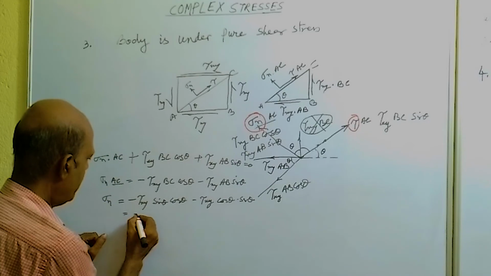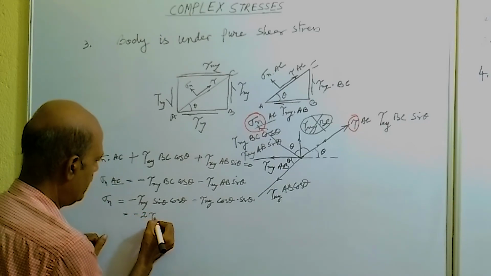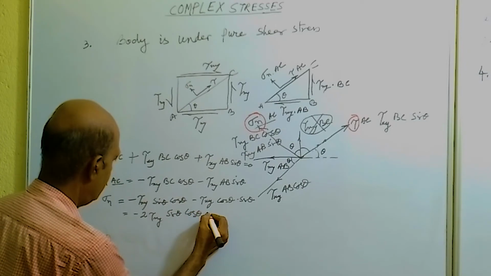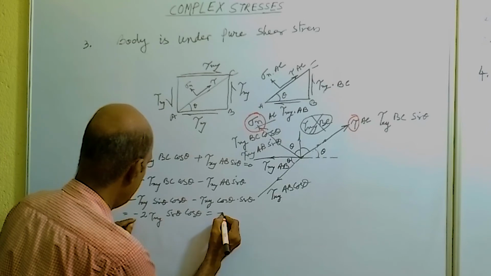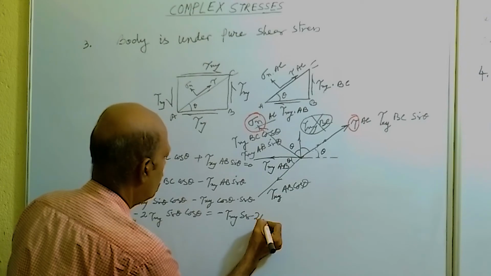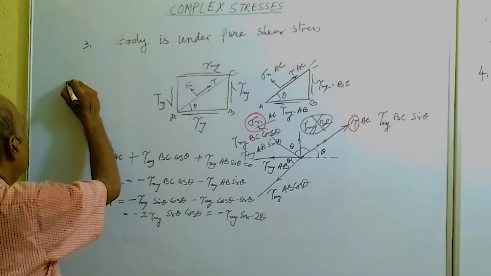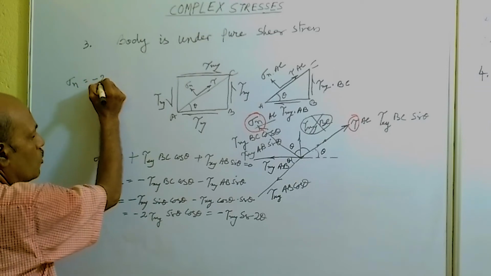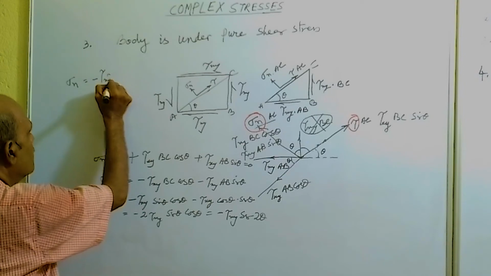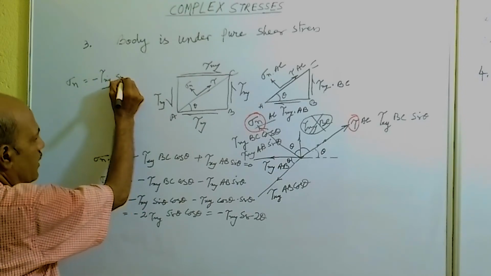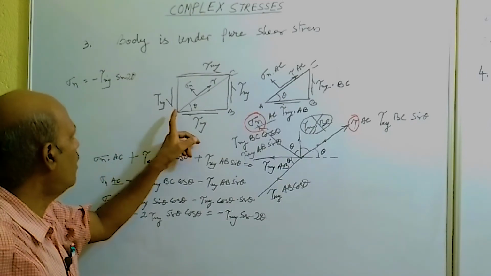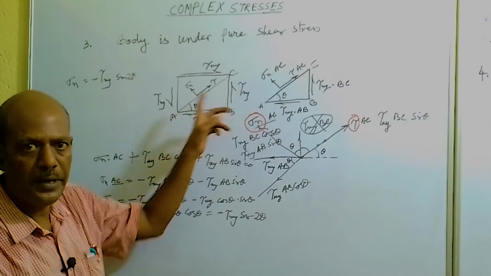So it is equal to minus 2 tau xy sin theta cos theta, or we can write minus tau xy into sin 2 theta. So we have got the sigma n value, that is minus tau xy sin 2 theta, which is developed on plane AC.